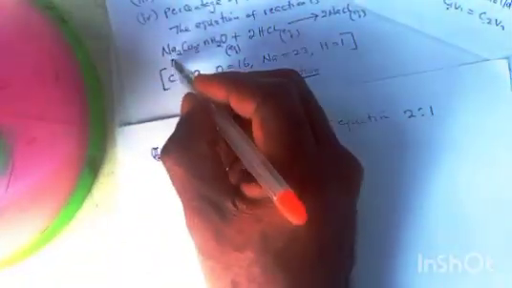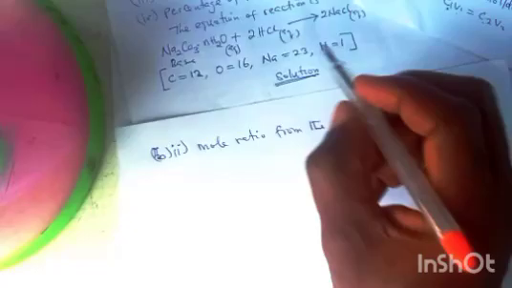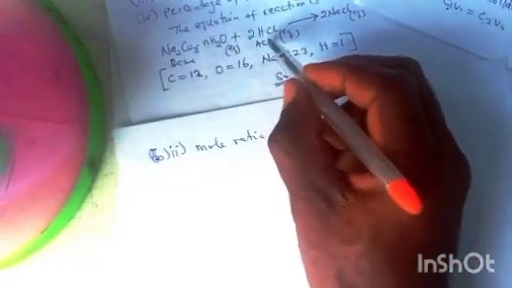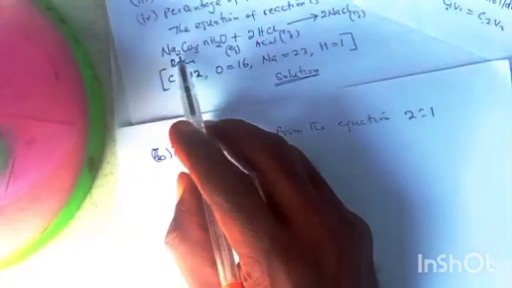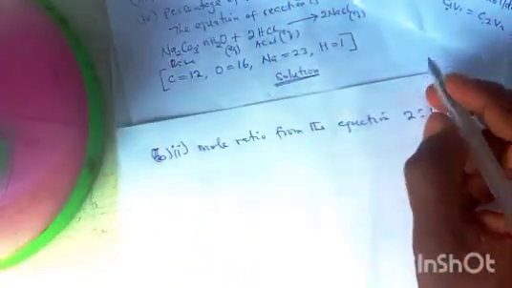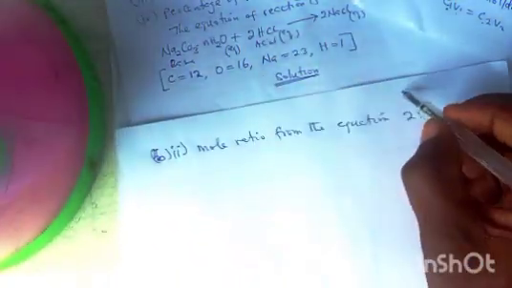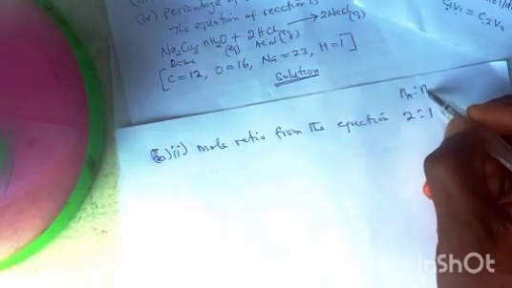Now look at the formula here. This is the base, and this is the acid. So the mole ratio here is 2:1. The 2:1 is that we're talking about acid. The mole of acid there is Na to Nb. So our Na, the mole of the acid, here is 2.